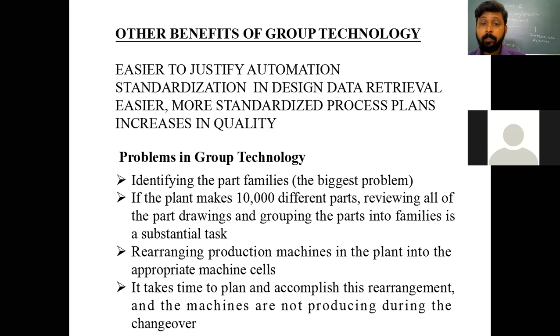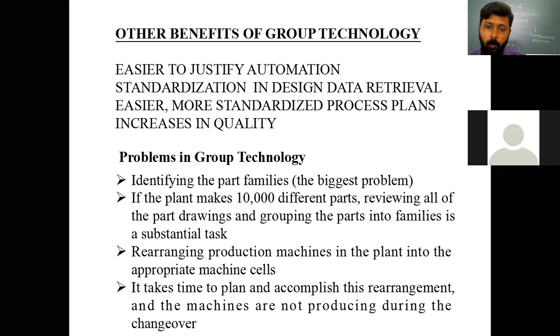So what happens, the identification part is a very big problem only if you have a very large number of different parts manufactured at your shop floor. If suppose you are manufacturing only 100, 200, 300 parts, then it is okay.